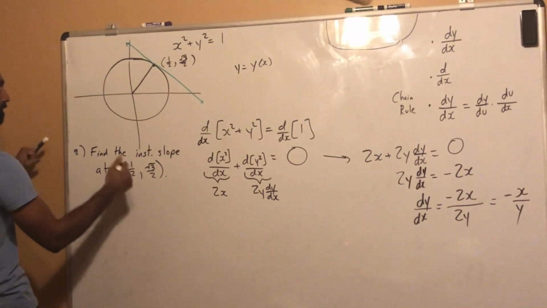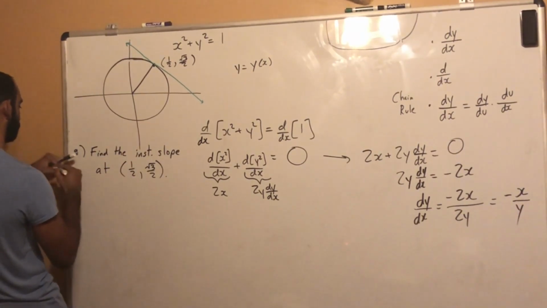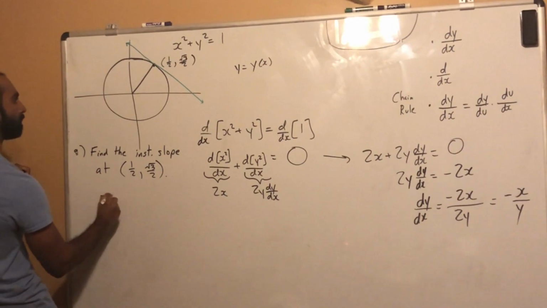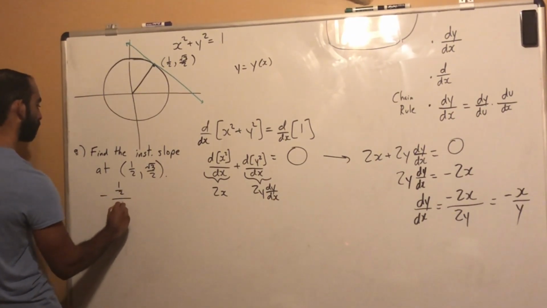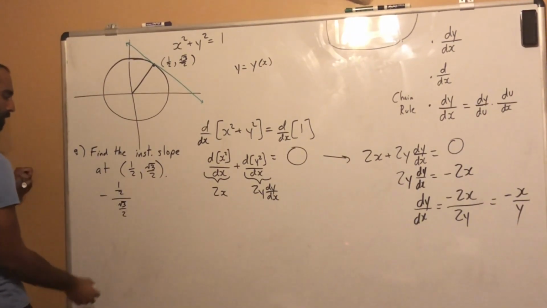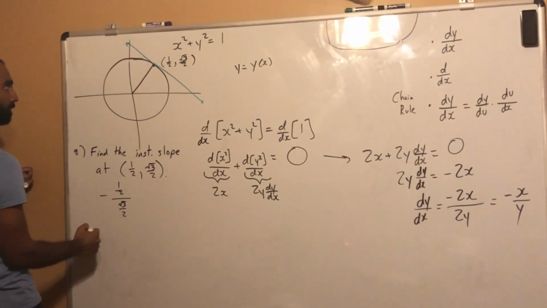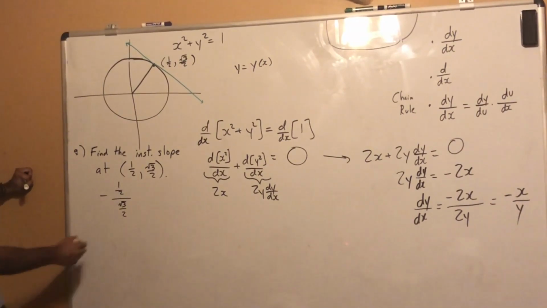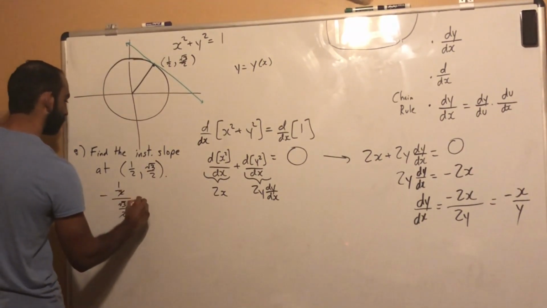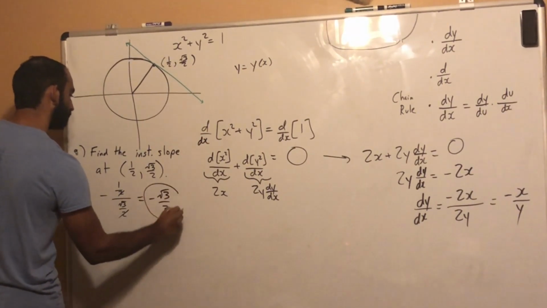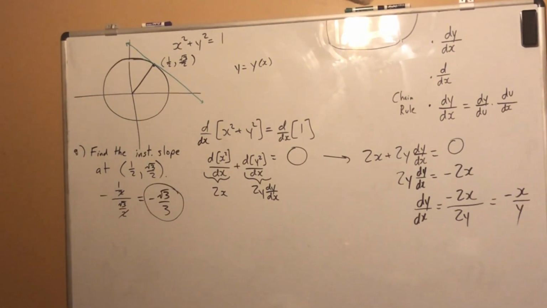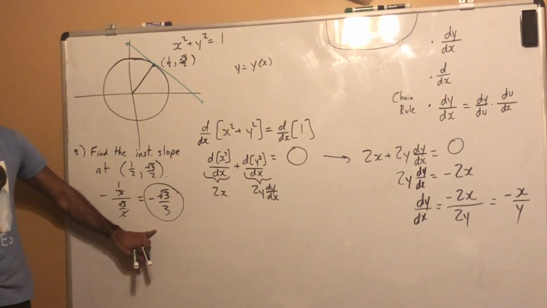So all we've got to do for this is negative one half all over root 3 over 2, which simplifies to what? Negative root 3 over 3. Yeah. 1 over root 3, which is negative root 3 over 3. And we can simplify that. Oh, this is simple. This is the simplified form.